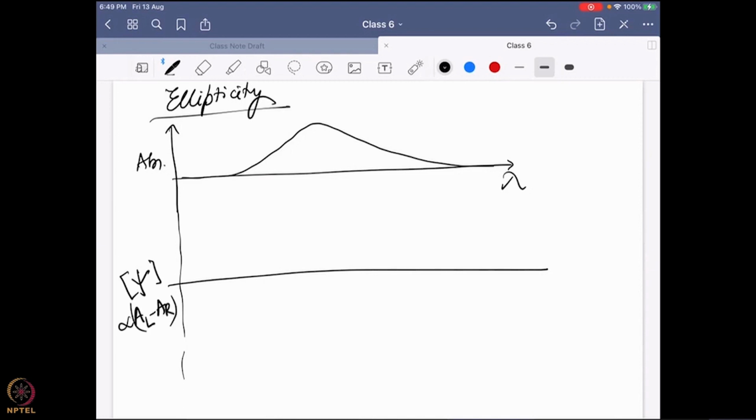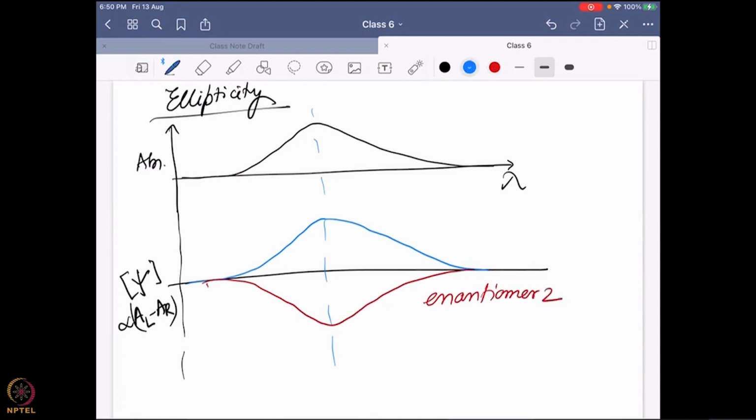So over here, how will this particular data look like? This data looks like the following. For one enantiomer, this is the other enantiomer. So this is enantiomer 2. This is enantiomer 1.